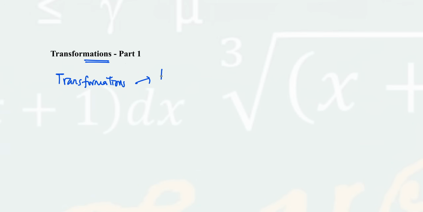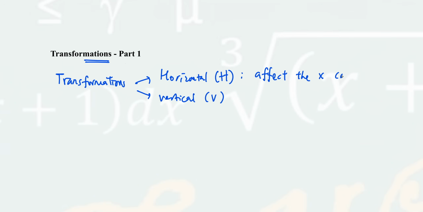The first is horizontal transformation, let it be H, and the second is the vertical transformation, let it be V. For the horizontal transformation, it will be affecting the x coordinate in your point. And for the vertical transformation, it will be affecting the y coordinate. So these are the differences between these two transformations.